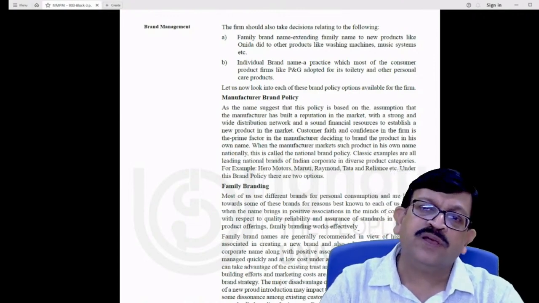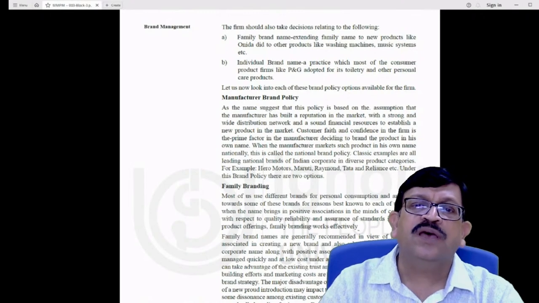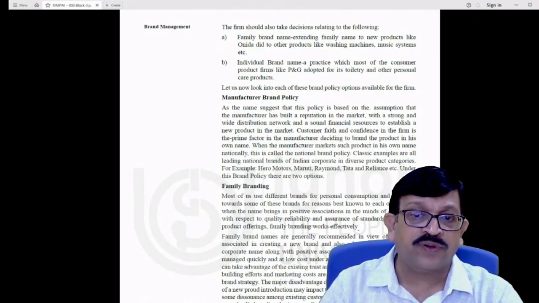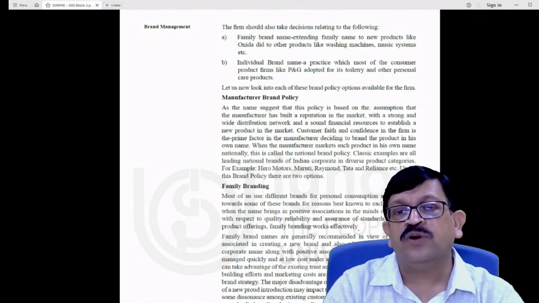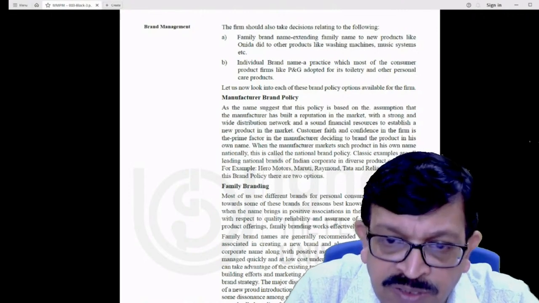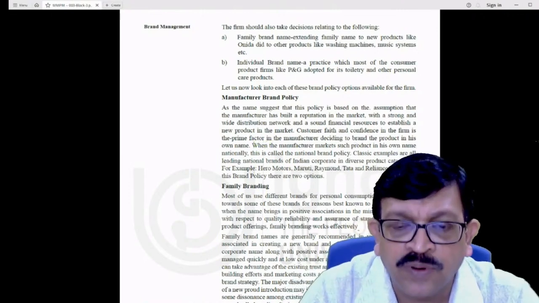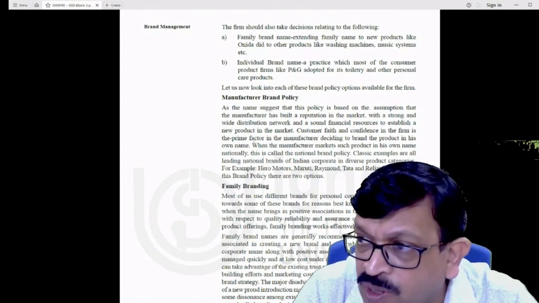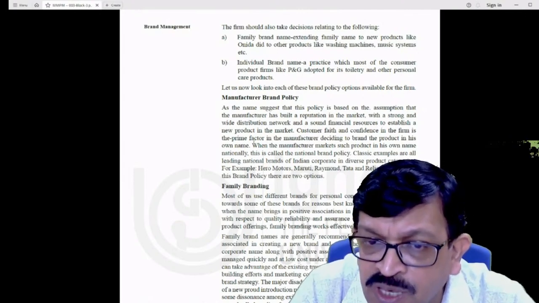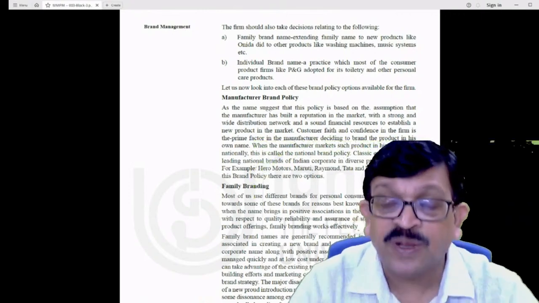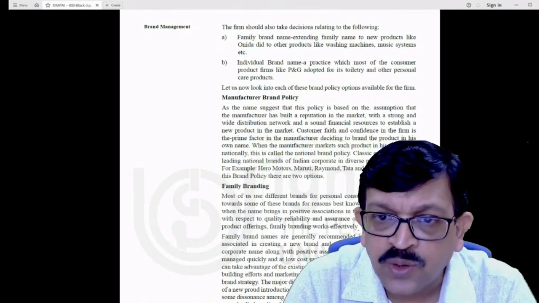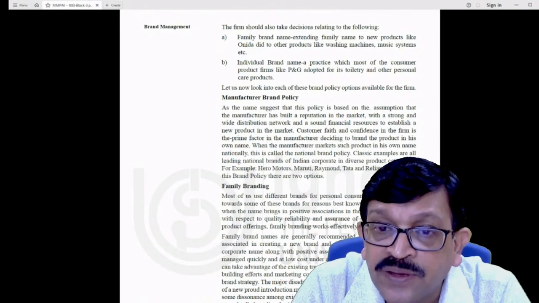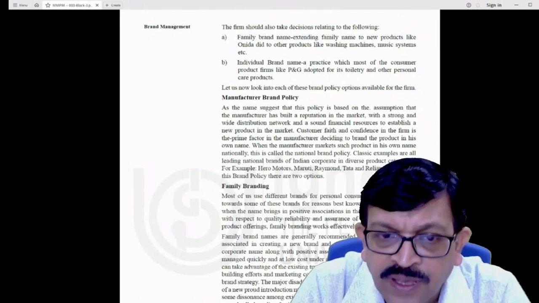When you talk about the market, the consumers and the stakeholders, and of course the other competitors also look up to it with a lot of admiration. HUL has not built a reputation just like that, right? Or Hero Motors, or Birla, they all have successfully been using the manufacturer's name to attain better acceptance from the marketplace.